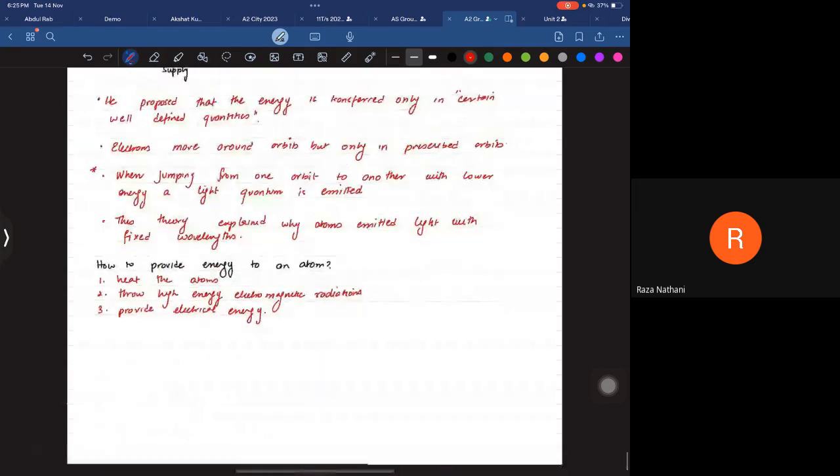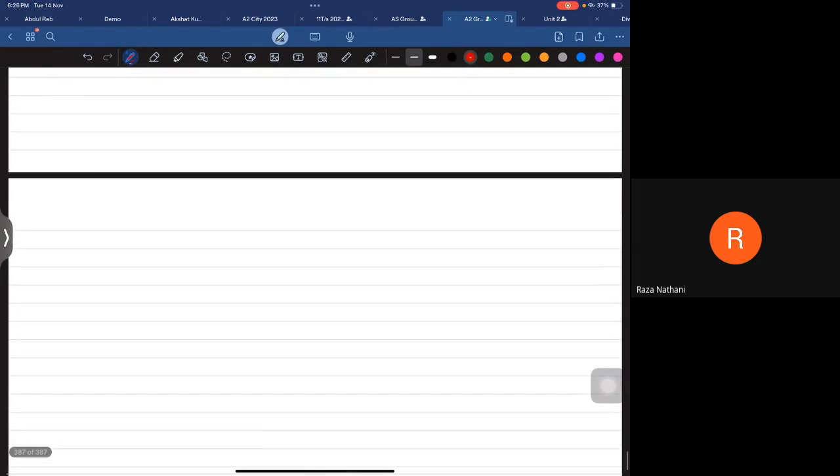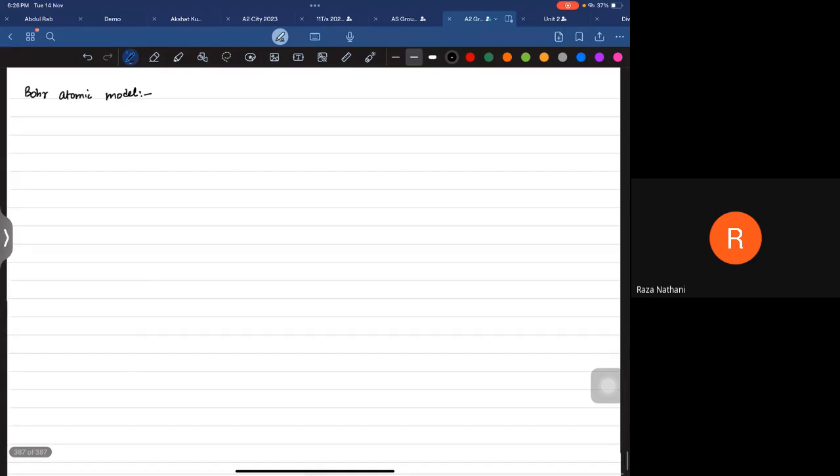Now going to the next, the Bohr atomic model. So in the Bohr atomic model, I just want to tell you the smallest energy level is called the ground state. It is called n equals 1.